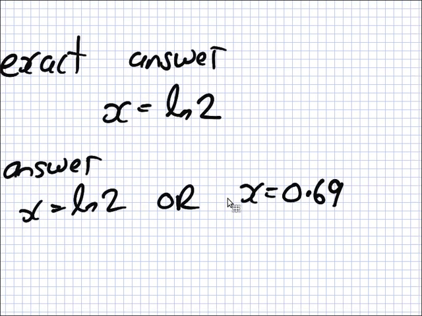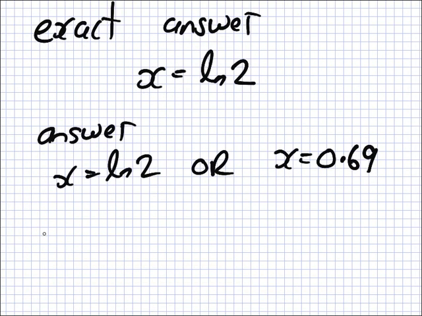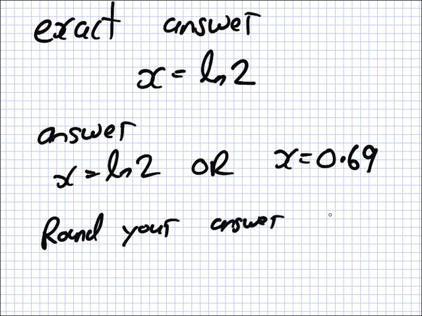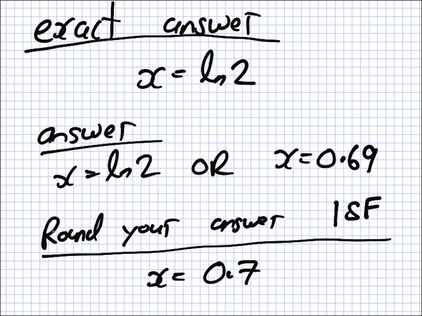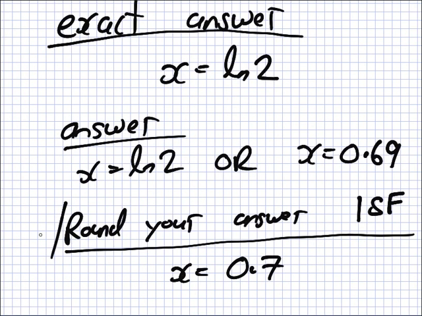You know? But sometimes they say round your answer. Maybe they might say round your answer to 1 SF. Then the answer must be 0.7. So it depends if they say exact answer, answer, or round your answer. Or they don't use the verb round, they just use the verb give. Is that okay, Ming? Yeah. Okay.